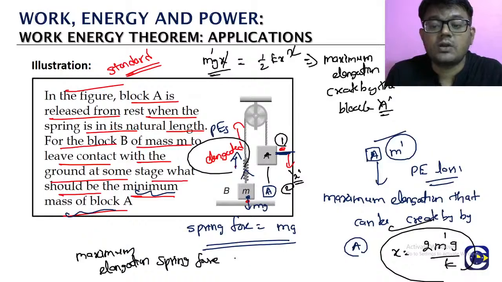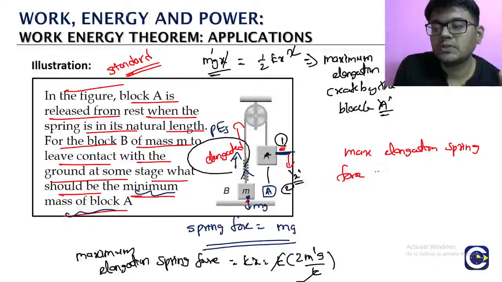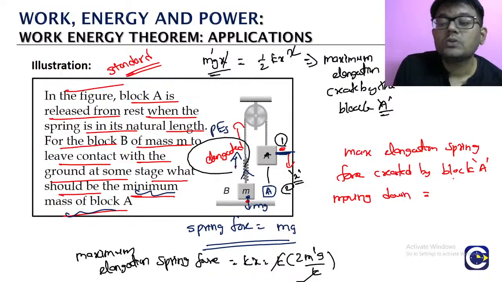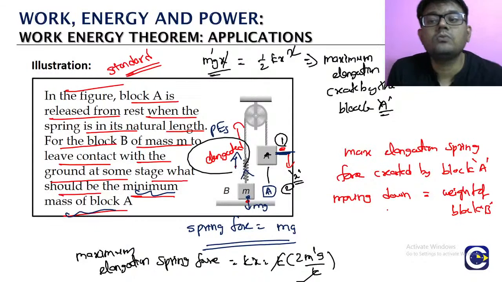What will be the maximum elongation spring force created by block A moving down? It should balance the weight of the block B. Then only the block B will be able to lose the contact with the ground.